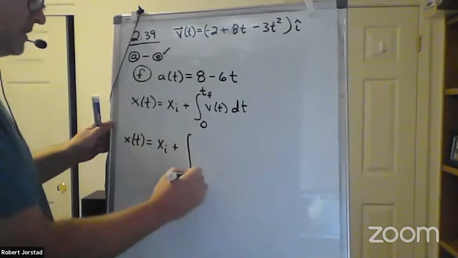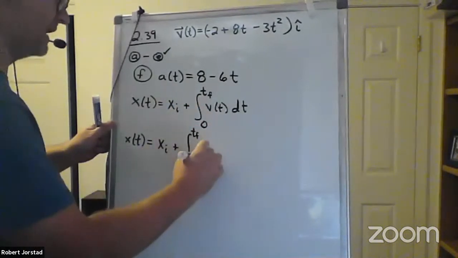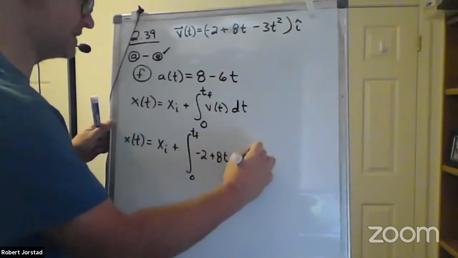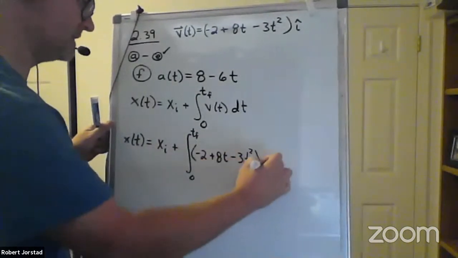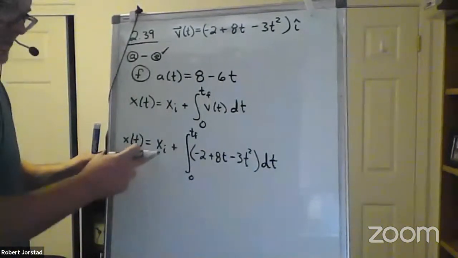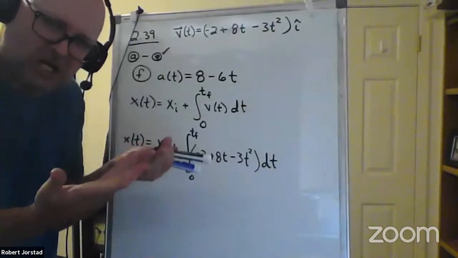Let's see, what was this? We're going 0 to t final. Velocity was -2 plus 8t minus 3t squared dt. All right. And what is x initial for this problem? It's unknown.